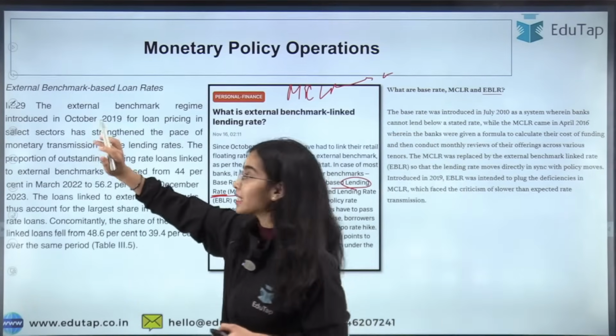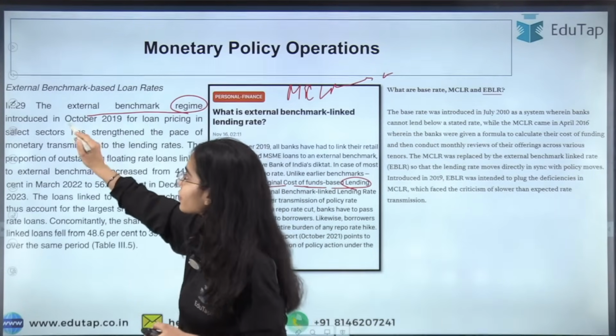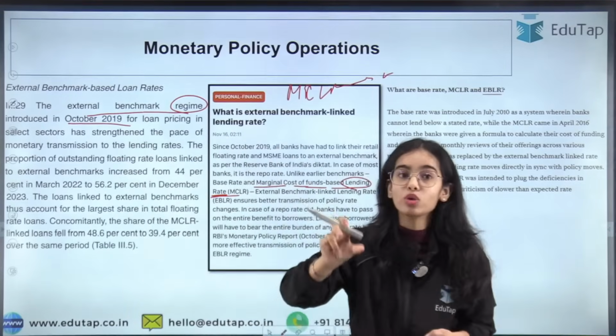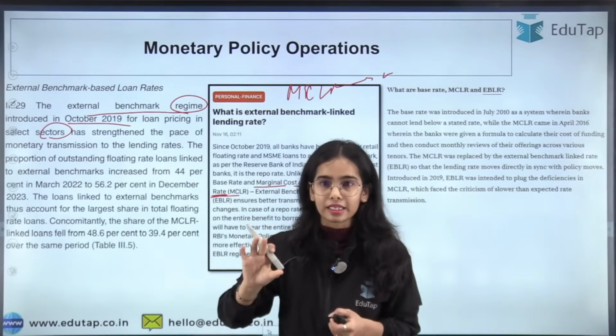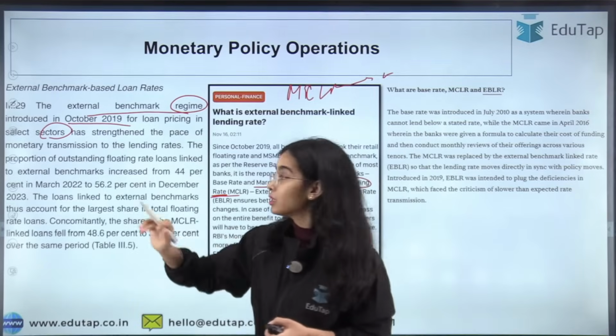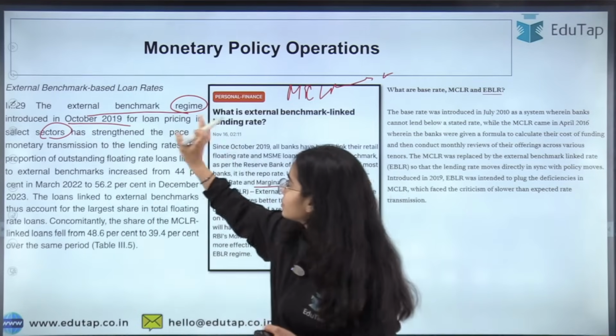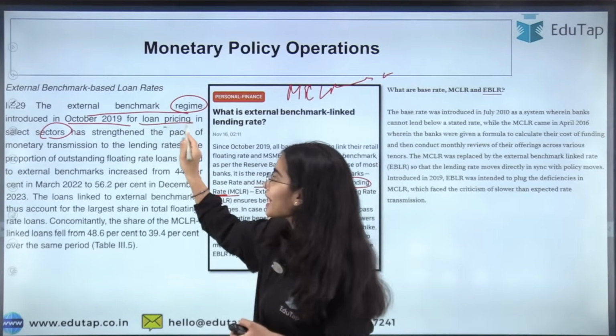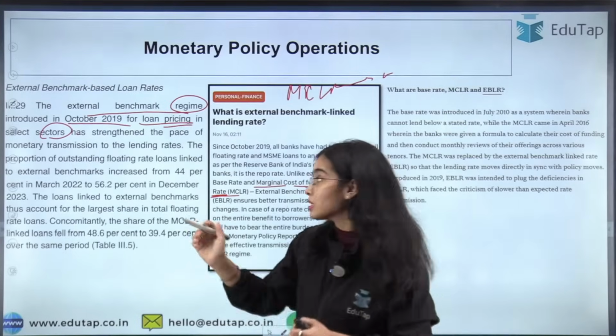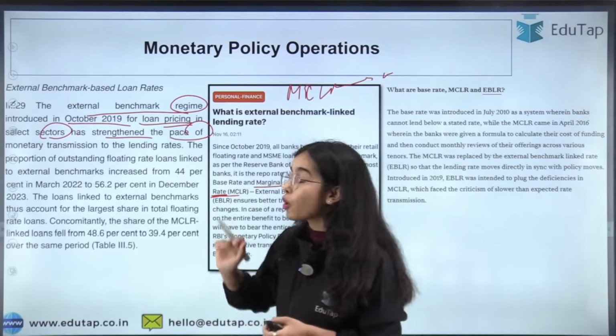Now what has been said is that the external benchmark regime, introduced in October 2019 for loan pricing in select sectors, has strengthened the pace of monetary transmission.